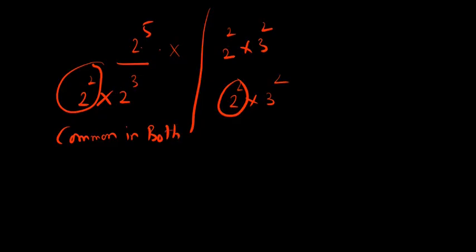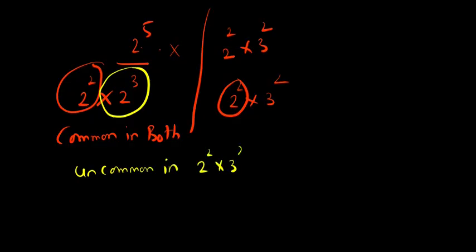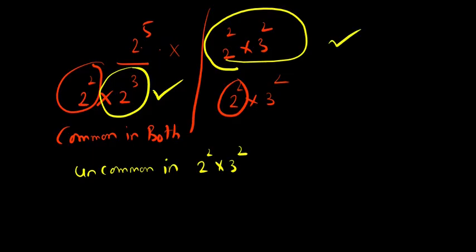Okay. Next, this 2 cube is uncommon in 2 square into 3 square. For this 2 square into 3 square, it doesn't have 2 cube in this, right? This we have to take, 2 cube also we have to take.